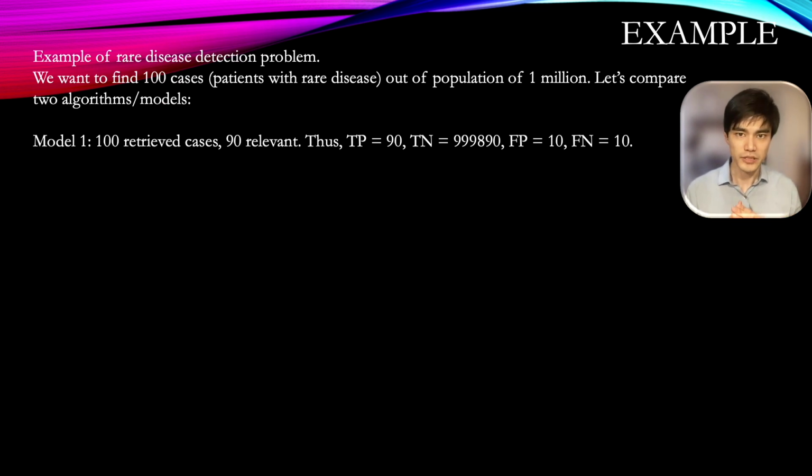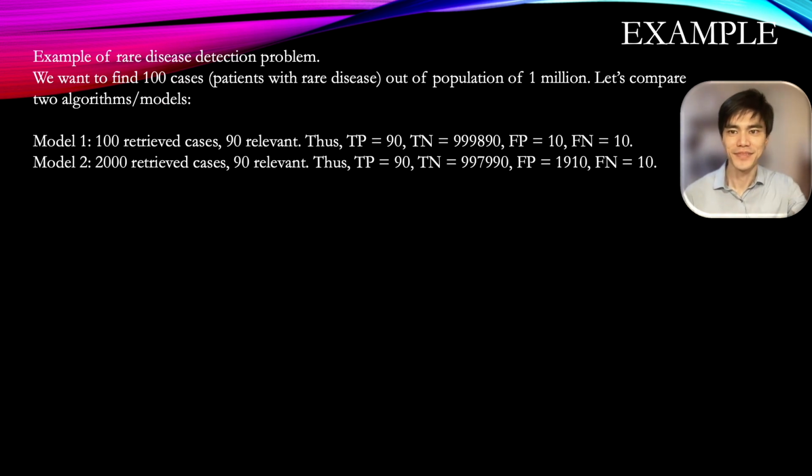So true positive is 90, true negative is 999,890, false positive is 10, false negative is 10. And Model 2 now retrieves 2,000 cases, but only 90 were actually relevant. So true positive is still the same, true negative is 997,990, false positive is 1,910, false negative is 10.